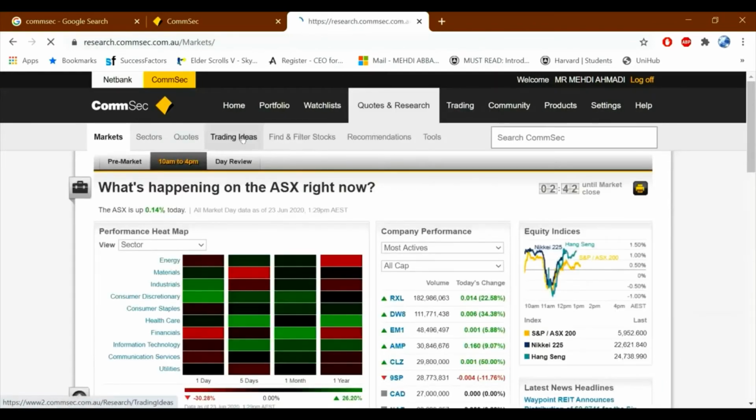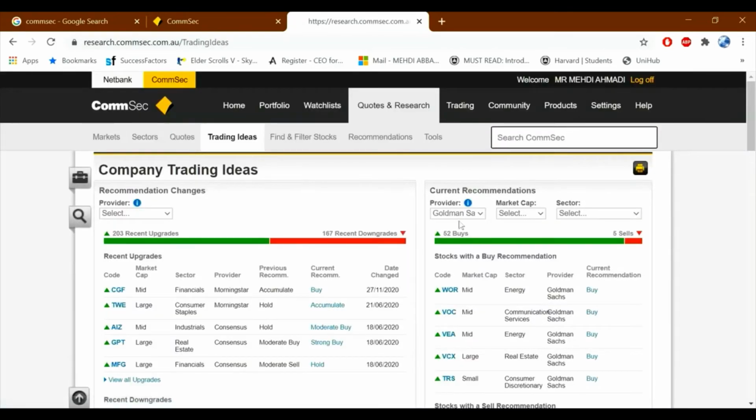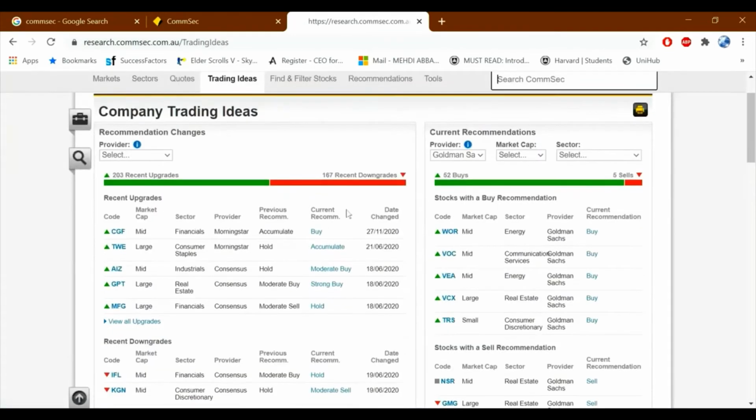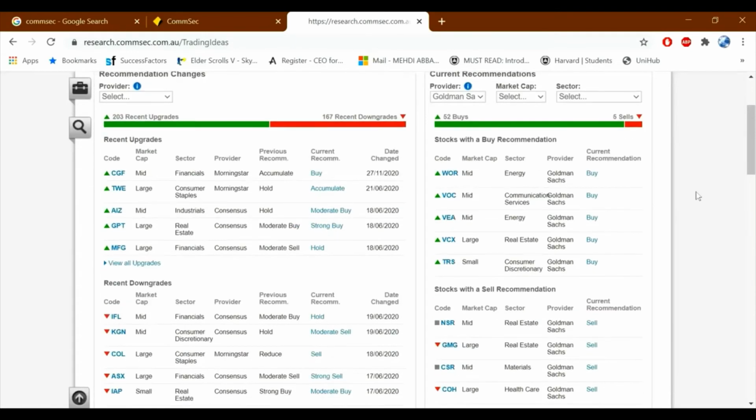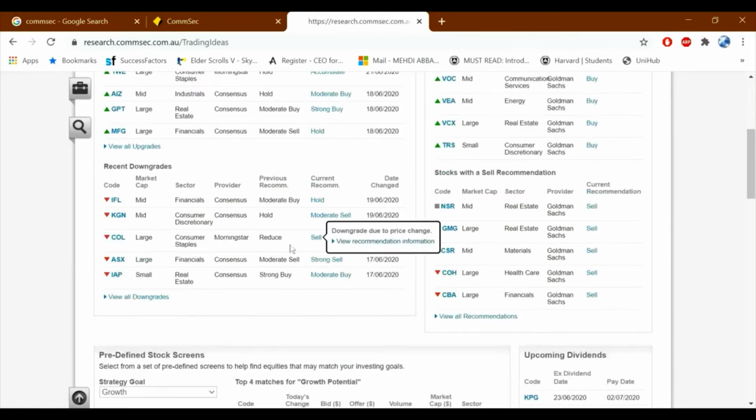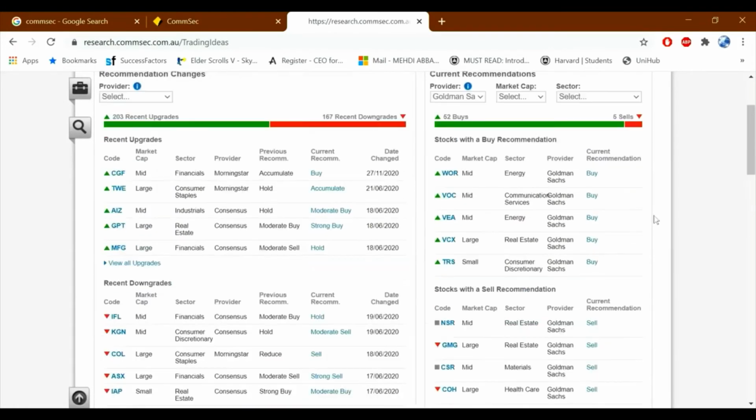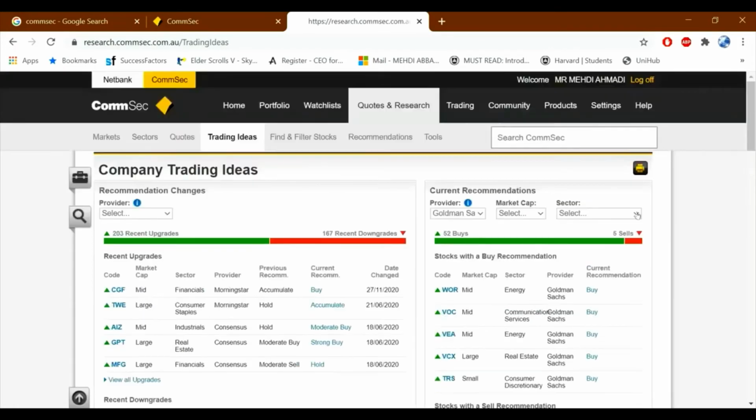And then you go to trading ideas. This is the basics, so you don't have to follow this, but you can. This is where the analysts at CommSec give a daily update on which companies to buy, which companies to hold, and the recent downgrades. It gives you broader ideas on what to invest in.